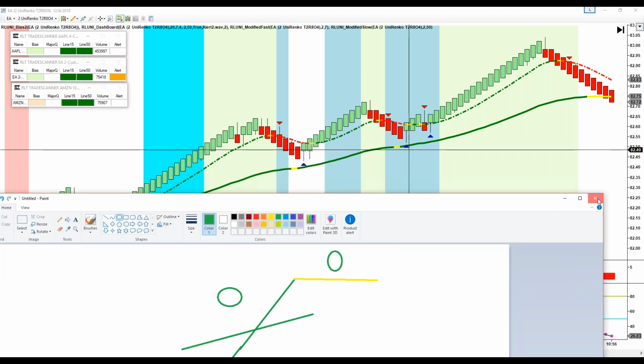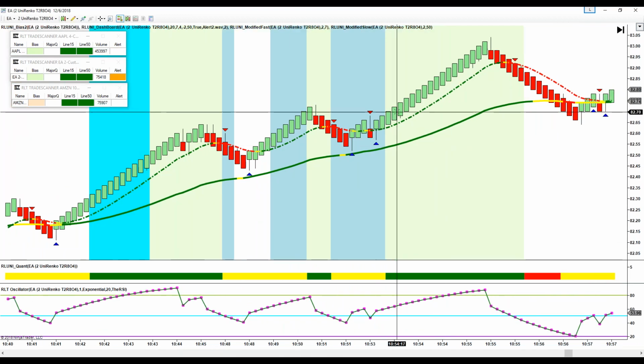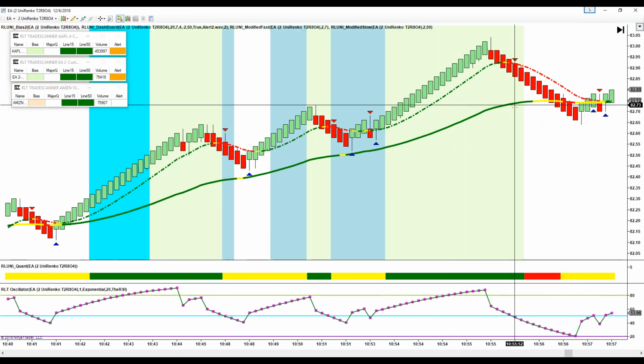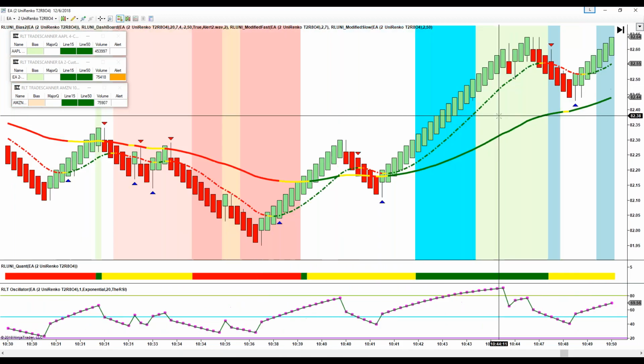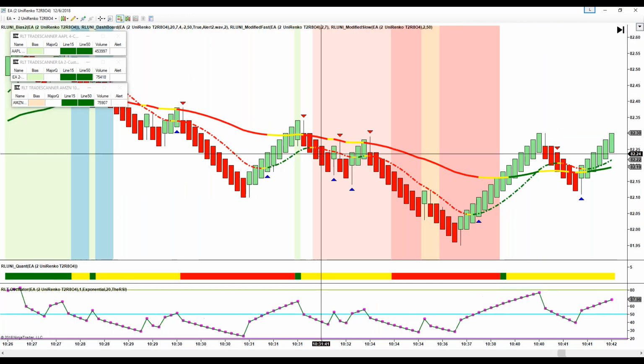So what we look for on an entry is this dark green or this dark pink. That's the strongest potential entry we can possibly get.